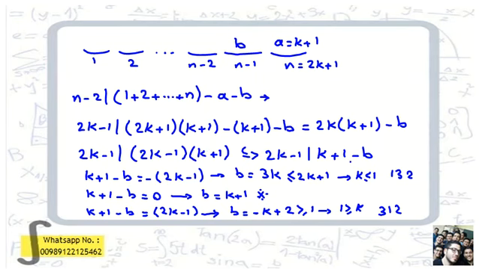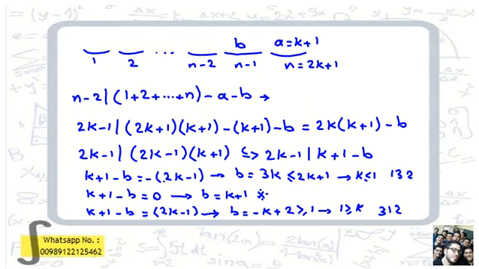Now k plus 1 minus b can be minus (2k minus 1), minus 2 times that, and we can reach a contradiction for these. And for this case we can say k plus 1 minus b equals 0, or k plus 1 minus b equals 2k minus 1. Let's at first consider only these three cases.